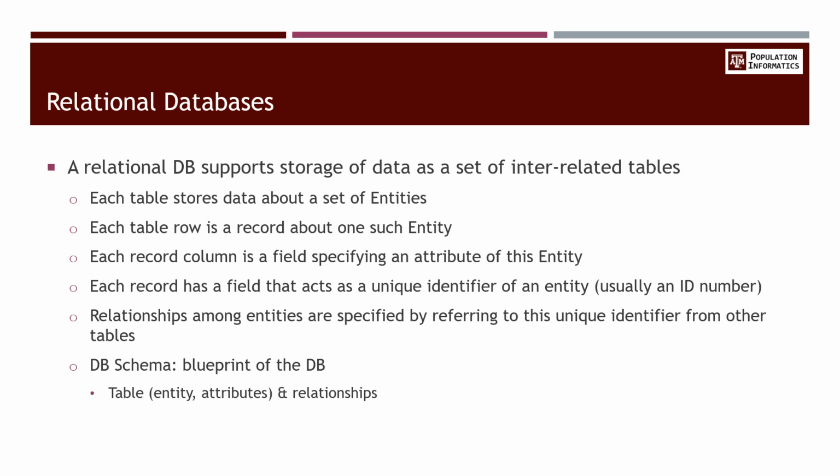Each record has a field that acts as a unique identifier of an entity, usually an ID number, and relationships among entities are specified by referring to this unique identifier from other tables. A DB schema is the blueprint of the database, holding information about the design of tables that store information about the entities and attributes, as well as the relationships between the different entities.